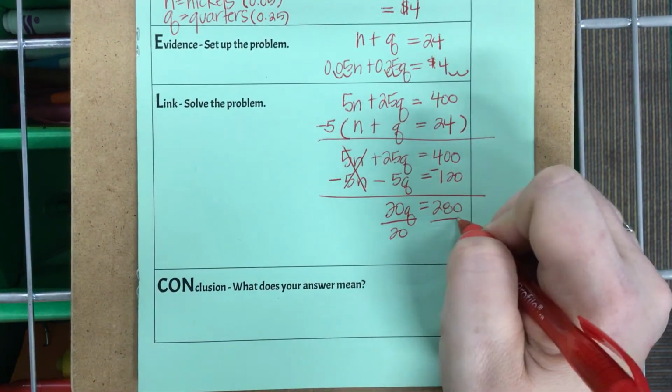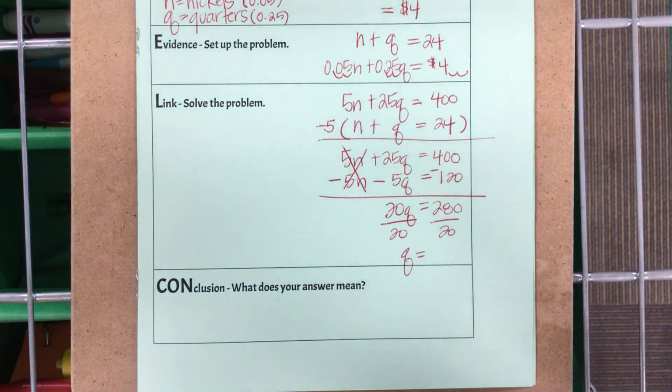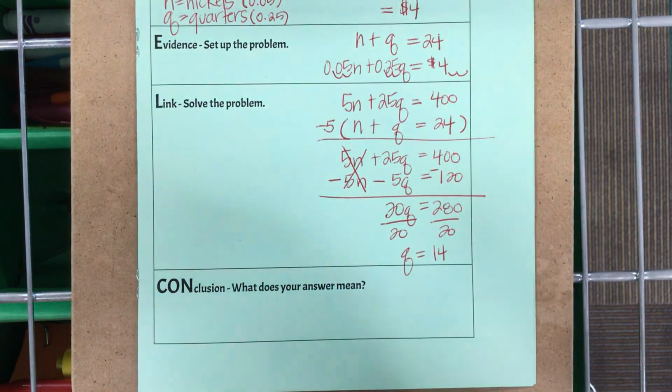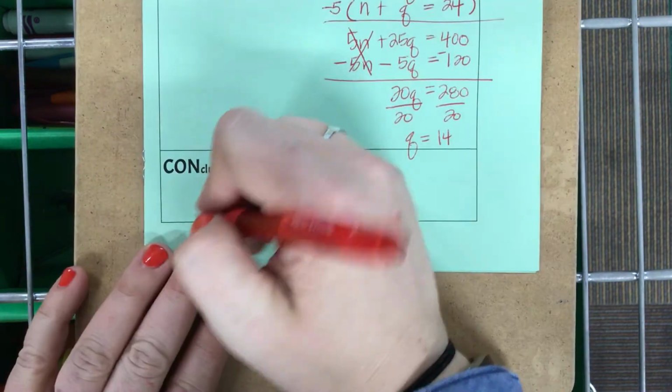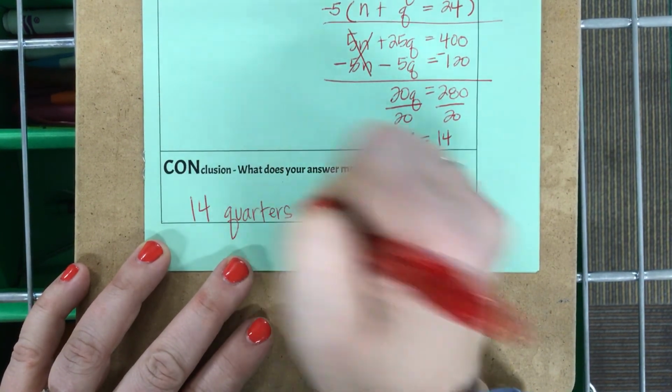Divide by 20, divide by 20, q equals 14. What does that mean? There are 14 quarters.